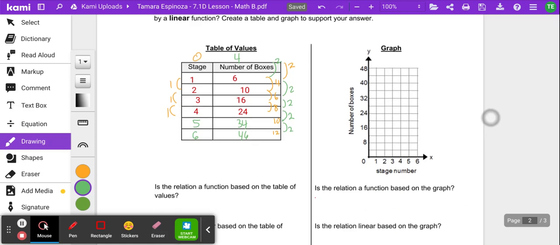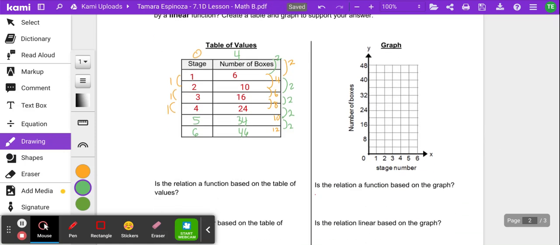Okay, definitely not linear. I'm going to go ahead and graph. At 0, I'm at 4. At 1, I'm at 6. At 2, I'm at 10. This would be 12, so 10's in between. At 3, I'm at 16.